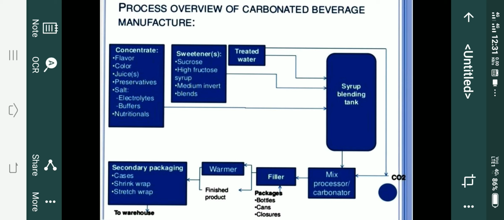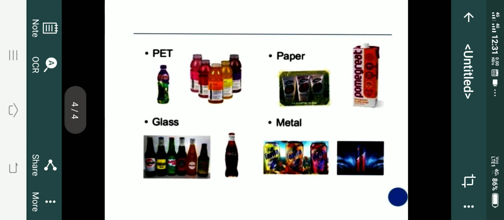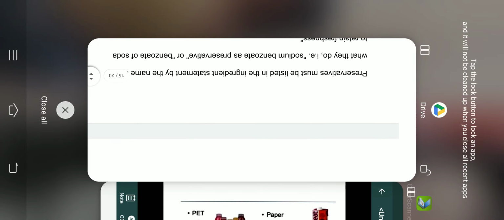Then this is the finished product and the secondary packaging is done, and this goes to the warehouse. These are the types of packaging materials which are used, like PET, paper, glass, metal, etc.